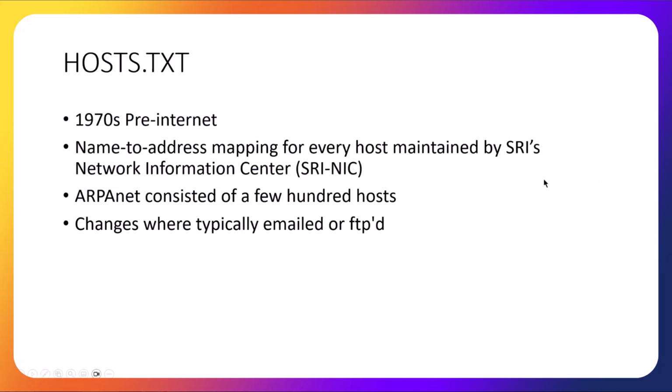So in the 1970s, pre-internet, there were just a few hundred computers connected on a network called ARPANET. And they used to have a host file. They would email it, or you'd download it every so often from FTP. And this would basically be a file with names and IP addresses.